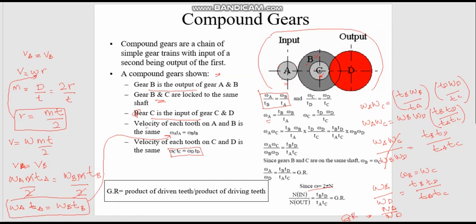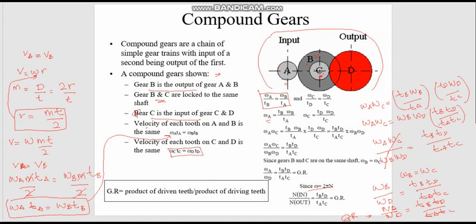and this is equal to the gear ratio. If you look at this term, TB, TD, TA, TC, B and D are both outputs of their systems.